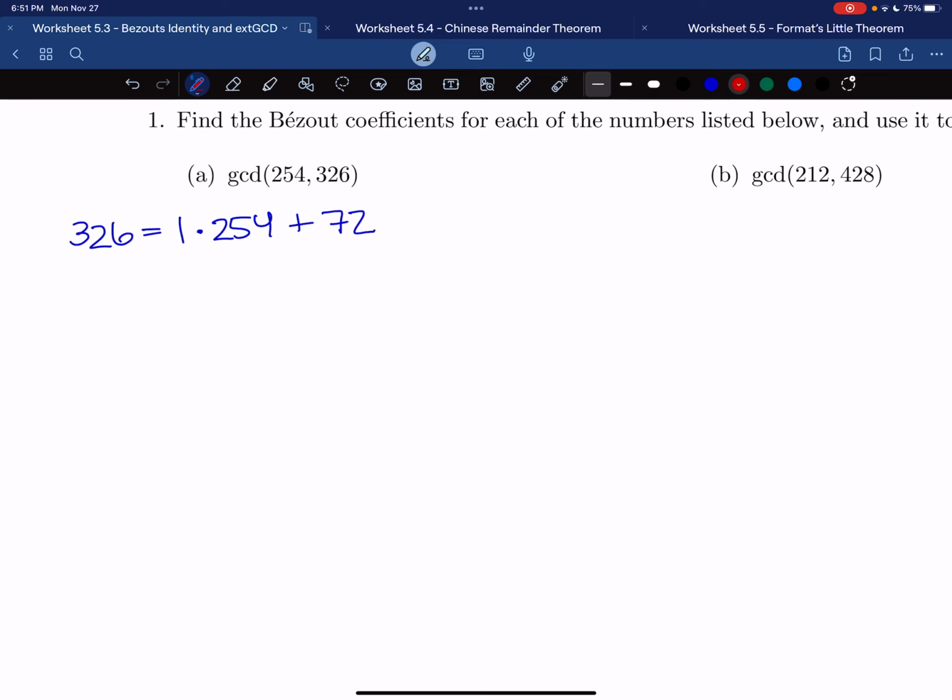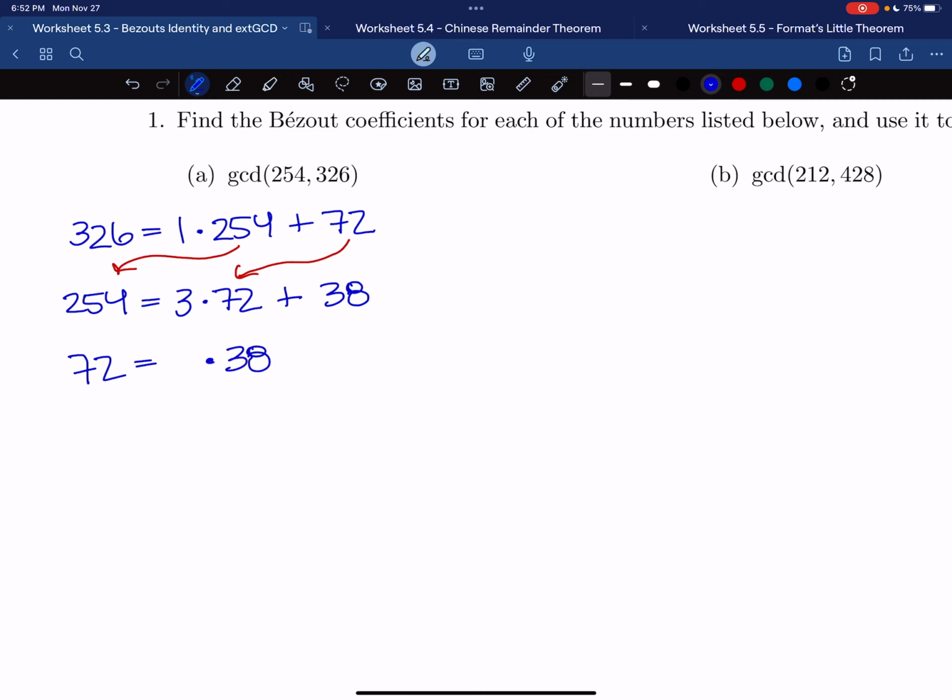And we remind ourselves these values, the 254 and the 72, are the pieces that we move over, and we get 254 is equal to a certain number of 72, in this case 3, and the remainder will be 38. And again, we'll say 72 is equal to something times 38.